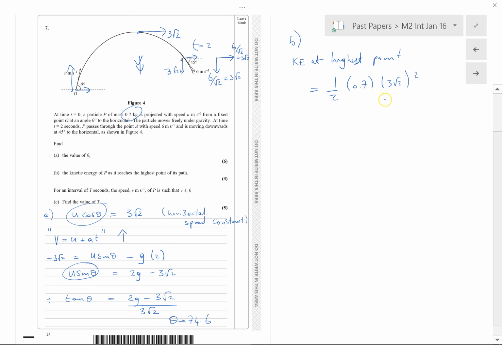Working that out, it gives me 6.3 joules. Okay, so nearly there.